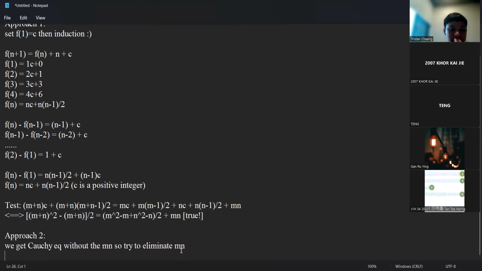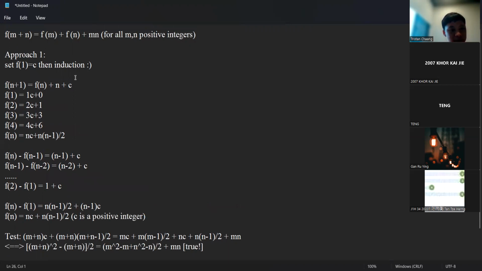So now let's try a second approach and see if it works. Can we try to eliminate mn by giving a new substitution or something?